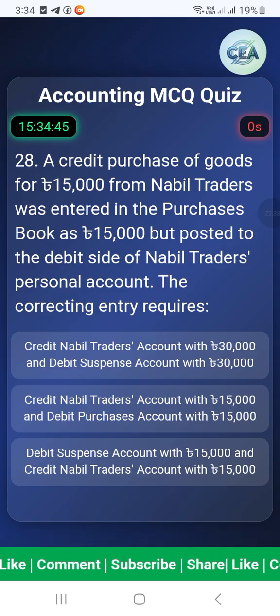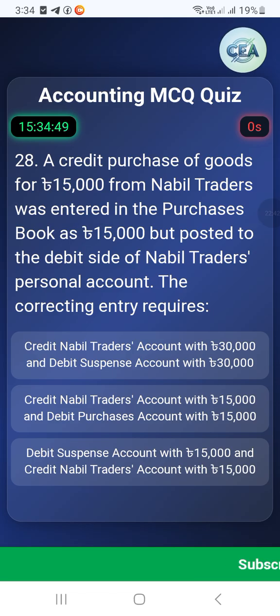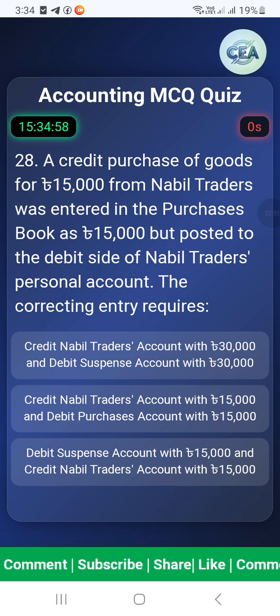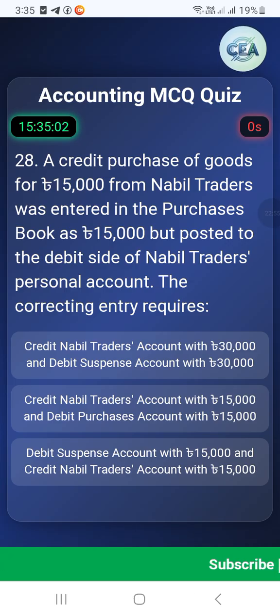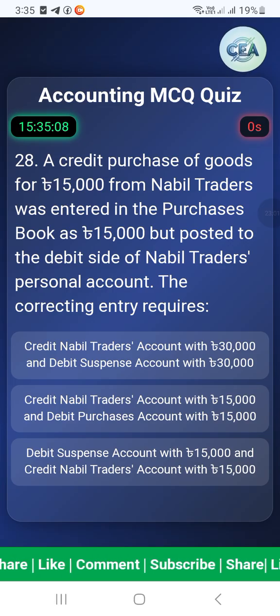28. A credit purchase of goods for 15,000 takas from Nabil Traders was entered in the purchases book as 15,000 takas but posted to the debit side of Nabil Traders' personal account. The correcting entry requires Option 1. Credit Nabil Traders account with 30,000 takas and debit suspense account with 30,000 takas. Option 2.